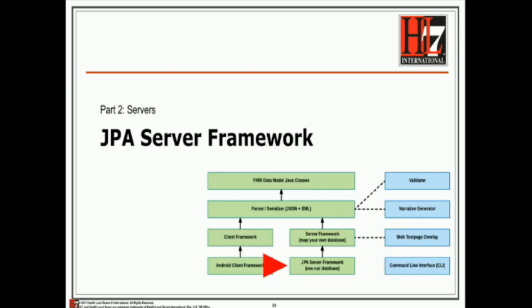The final thing I'm going to do with my remaining 5 minutes is talk about the JPA framework, which is the last little bit. Everything I've shown you so far involves you having your own sources of data, your own database that stores your resources. If you're starting fresh, if you want to stand up a FHIR server and you don't have an existing database, the easiest way to go about that is to use our JPA Server Framework.